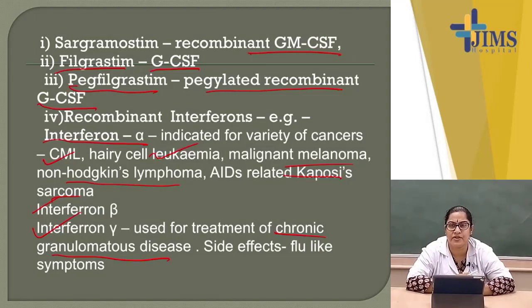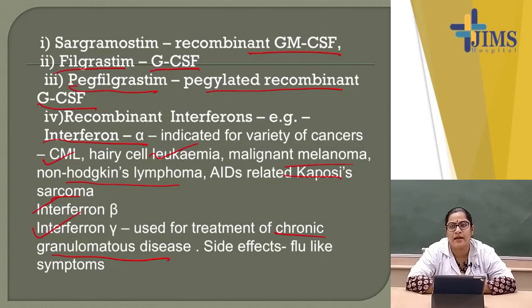The salient features you have to know about the immunomodulators. First is the classification: what are the different types of drugs which can be used for the prevention or prophylaxis of graft versus host rejection. Next are the different types of monoclonal antibodies: what are chimeric monoclonal antibodies, and what are humanized ones, developed by different biotechnology.